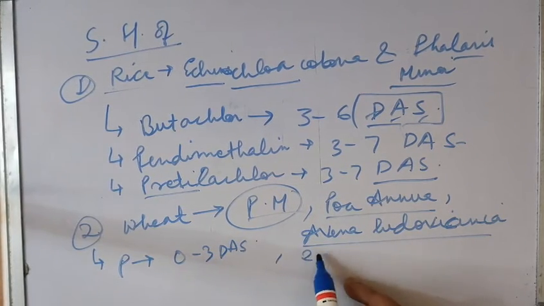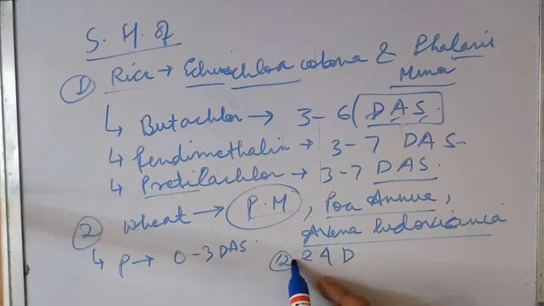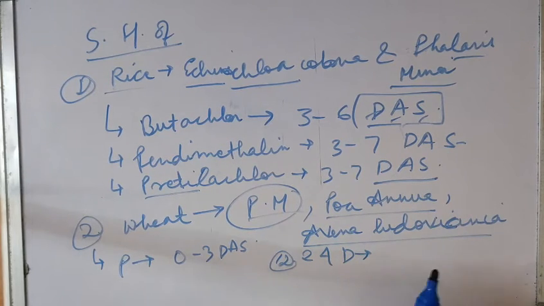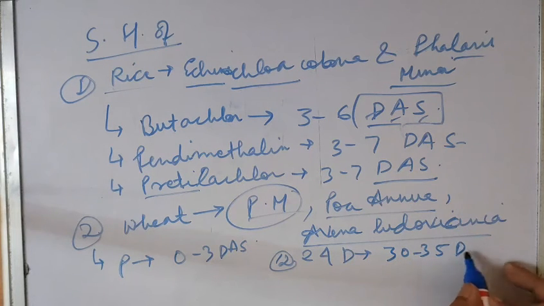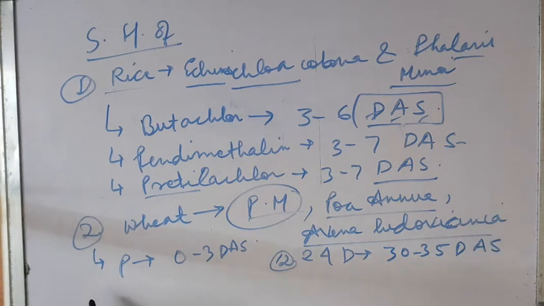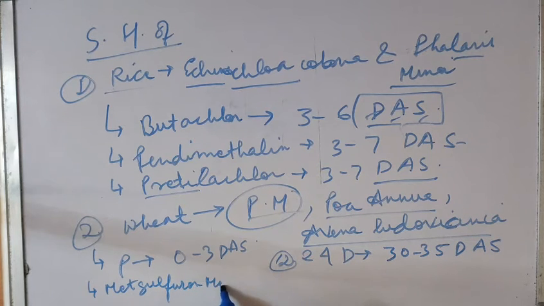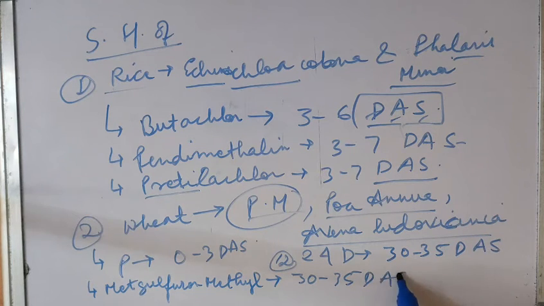We can use 2,4-D, a second selective herbicide, at 30 to 35 days after sowing. Then we can use metsulfuron methyl after 30 to 35 days after sowing.